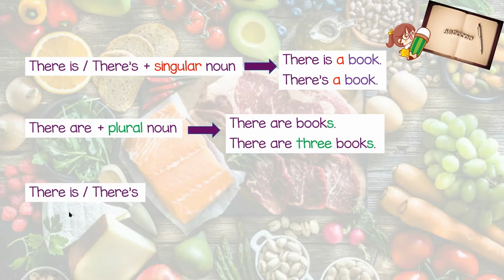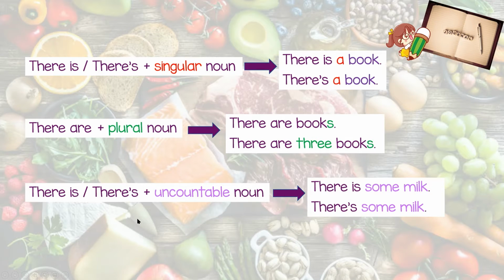Now, there is and there's is also used for uncountable noun. For example, there is some milk. There's some milk. We cannot count milk. That is why it is called as uncountable noun. For uncountable nouns, we use some. Some 的意思就是一些，milk 是不能数的，所以我们用一些。Another thing, for uncountable nouns, we will treat them as singular noun.